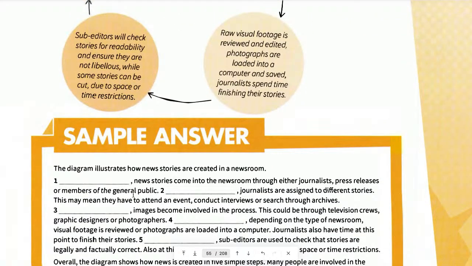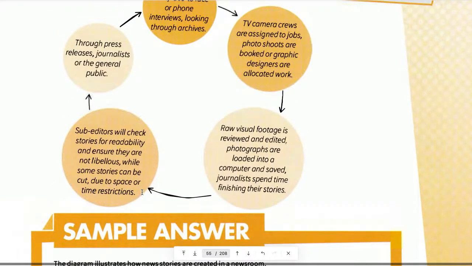Read that. News stories coming to the newsroom through either journalists, press releases, or members of the general public. Yes. Okay, so news stories come into the newsroom through either journalists, press releases, or members of the general public. That is how you get the stories.